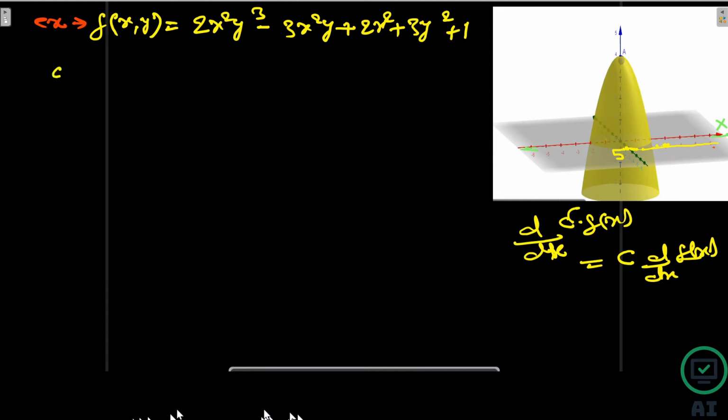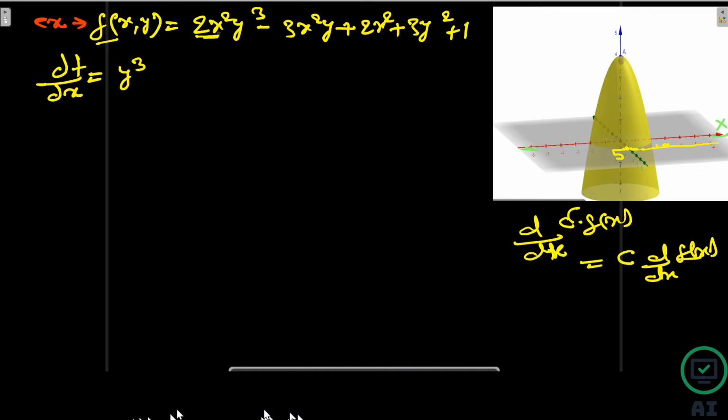When we say del f by del x, that means differentiate this particular function with respect to x, so wherever y is there, we have to keep it constant or fixed. So for this one, y³ is constant, we take it out and then differentiate the rest.